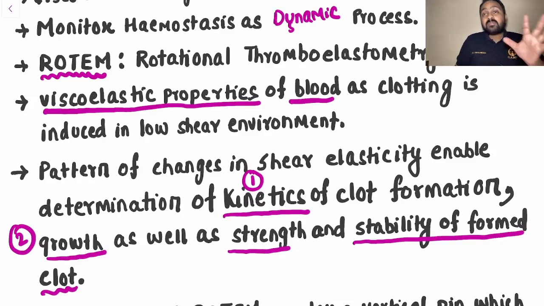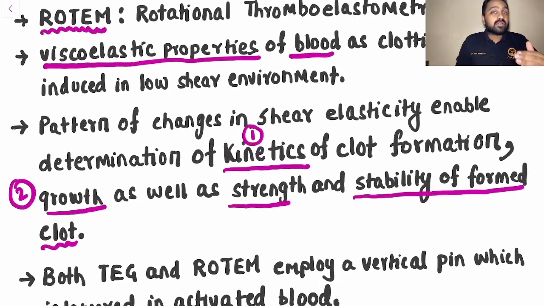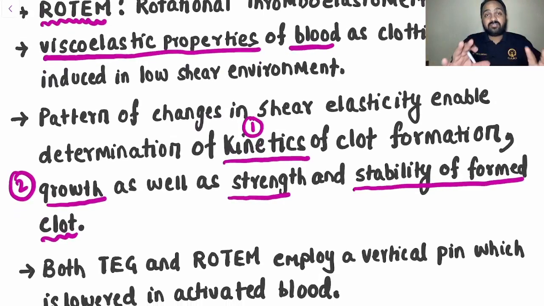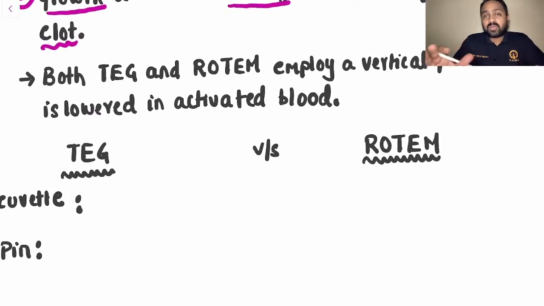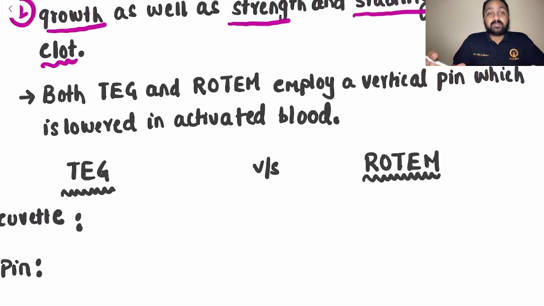Now the basic difference between ROTEM and TEG, we won't be going into the differences a lot, but the main point is that they both employ a vertical pin which is lowered in activated blood.